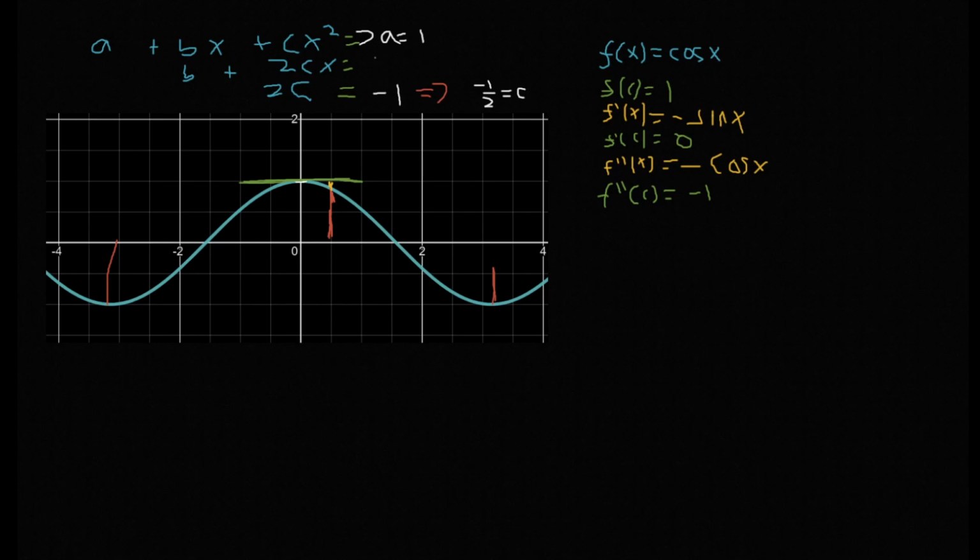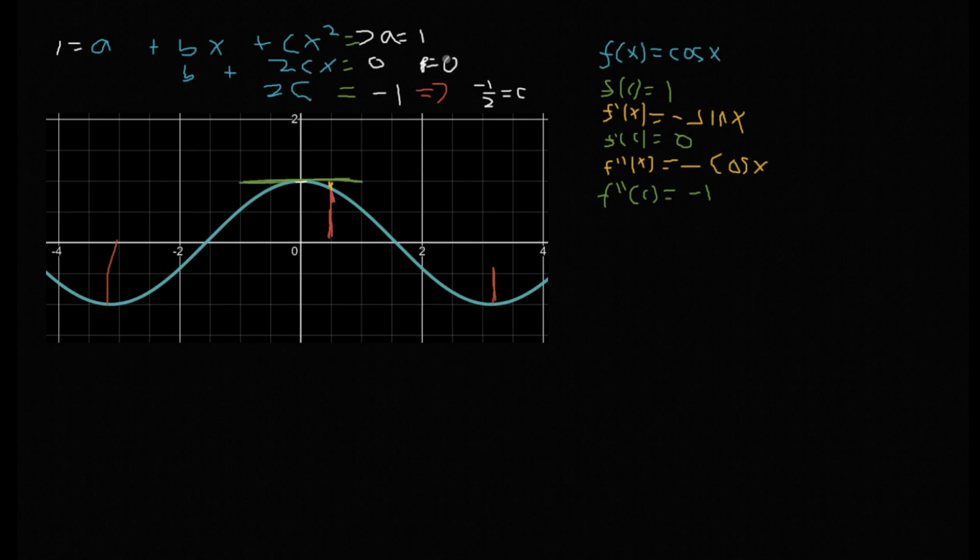Looking at the first derivative, we know that this is equal to 0. I'll just put equals 1 over here to complete the set. And because c is equal to minus 1/2, when x is equal to 0 this cancels out, meaning that b is equal to 0.